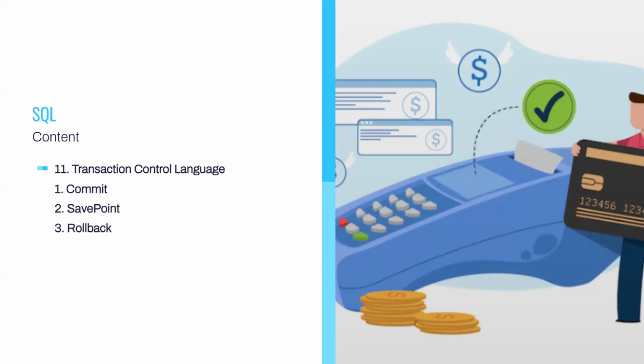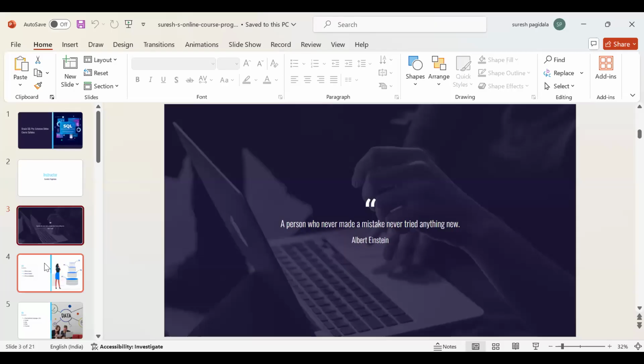Whenever you want to roll back any record, it should not be committed. Once it is committed, you cannot roll it back. That's it. So these are the things we will discuss in our SQL sessions.